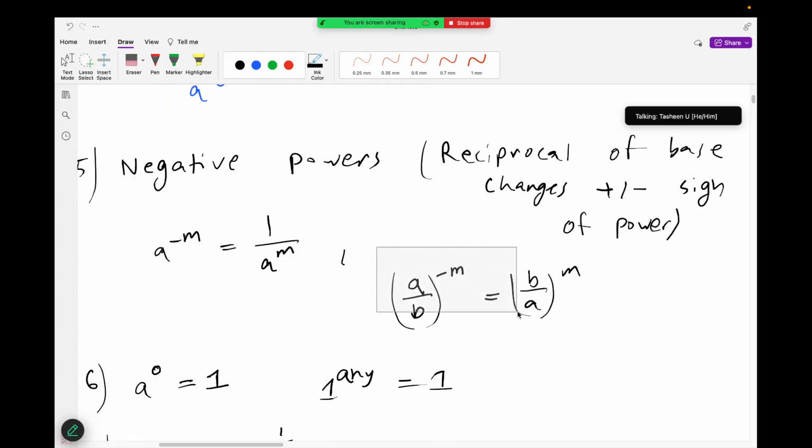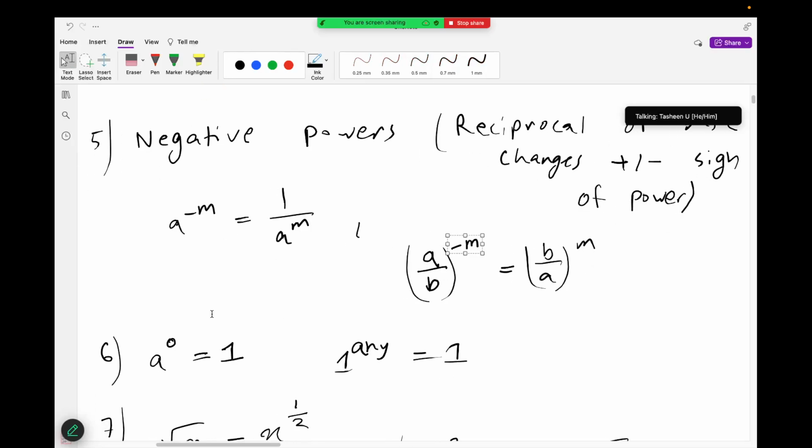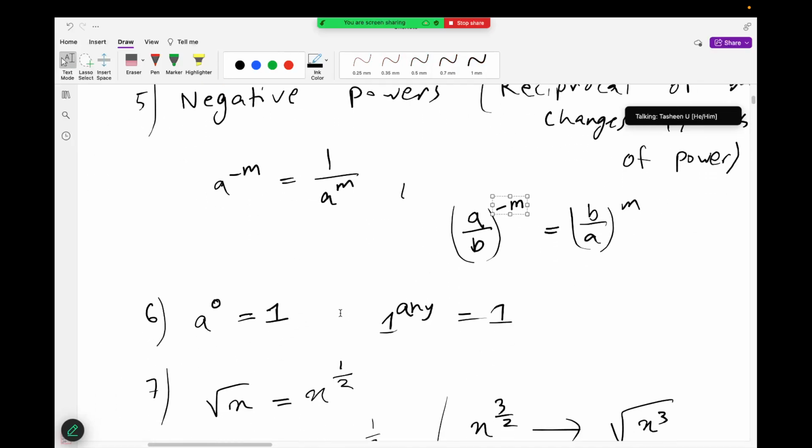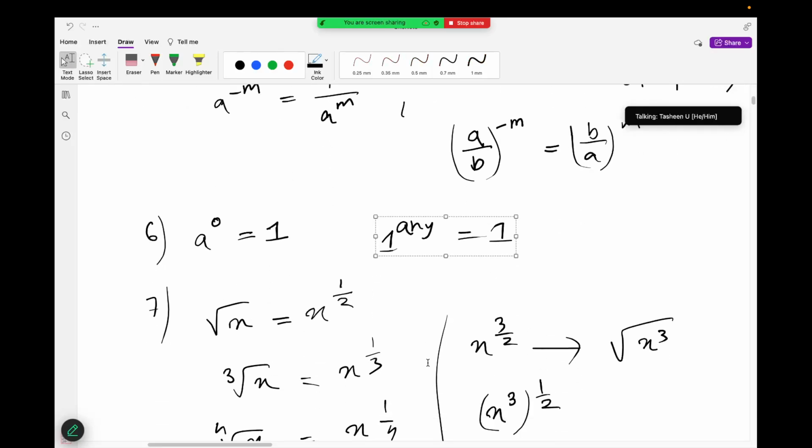Look at this: I'm flipping the numerator and denominator at the cost of changing the sign of the power. And you know that anything to the power 0 is 1, and 1 to the power anything is 1.